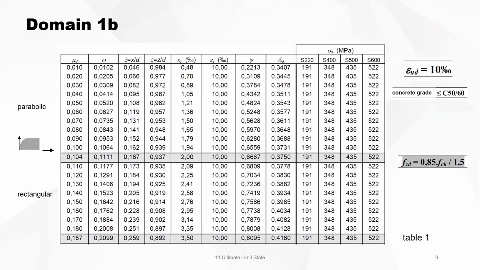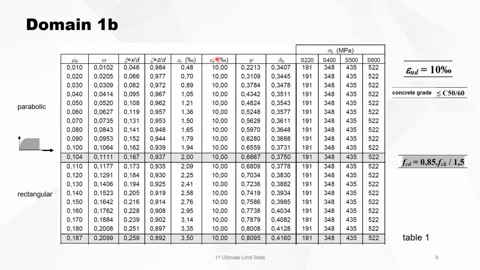Now in table 1, you will see the first portion. This is domain 1B, the first part where only the parabolic relationship is used. You can see here epsilon s is 10 per mil.